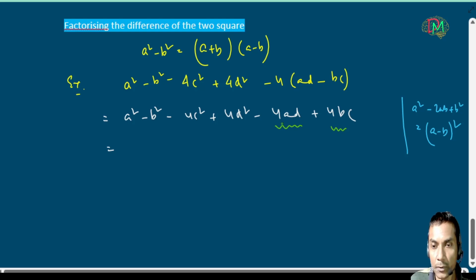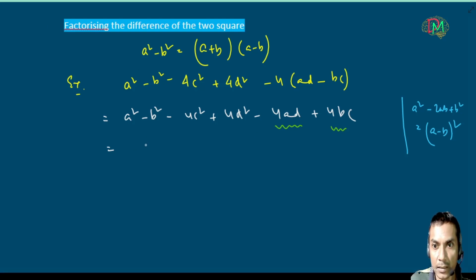So from this only we can identify what we have to do, minus 4ad and plus 4bc. So minus 4ad means a square should be there, and we got it from here, a square, it is done, and minus 2 into a into 2d, and then we can write 4d square, or we can directly write as (2d) whole square.